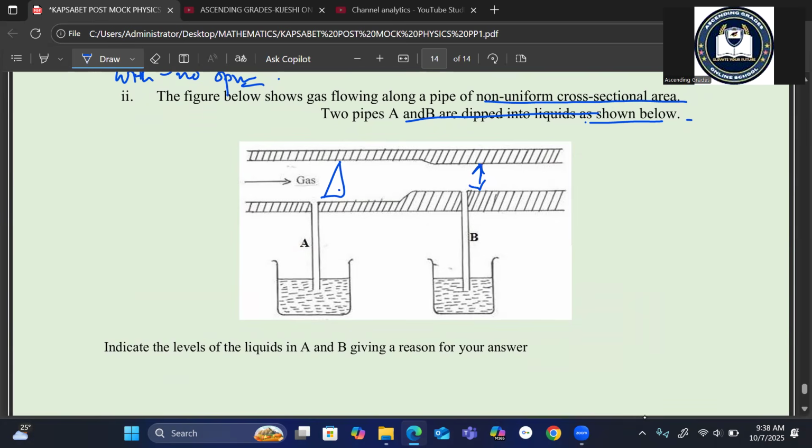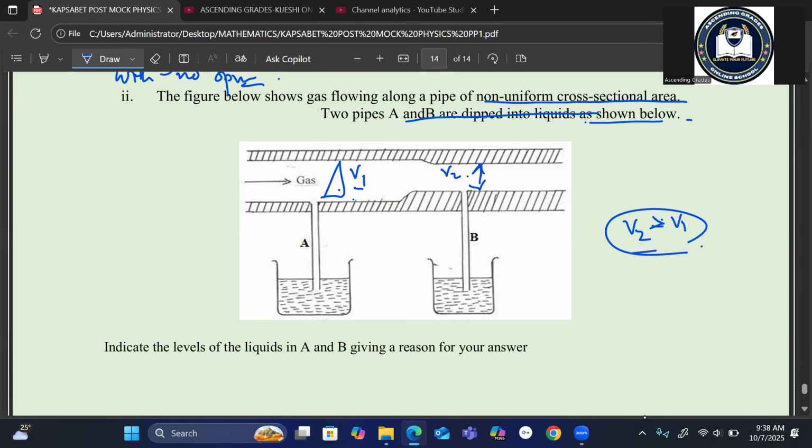So in this case, we expect variation of the pressure and the velocities of the gas. If the gas is traveling at V1 in this one and V2 in this part, then velocity V2 will be greater than V1.